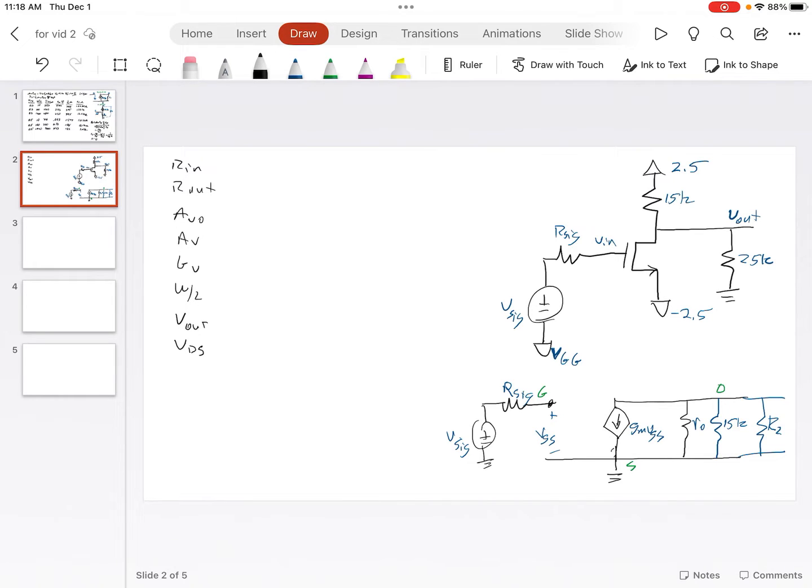Well, that's kind of a silly thing to say. It should be the same as V out here. And maybe what value we need for this voltage source, VGG, right here. What value do we need for VGG? Those would all be good things to calculate.